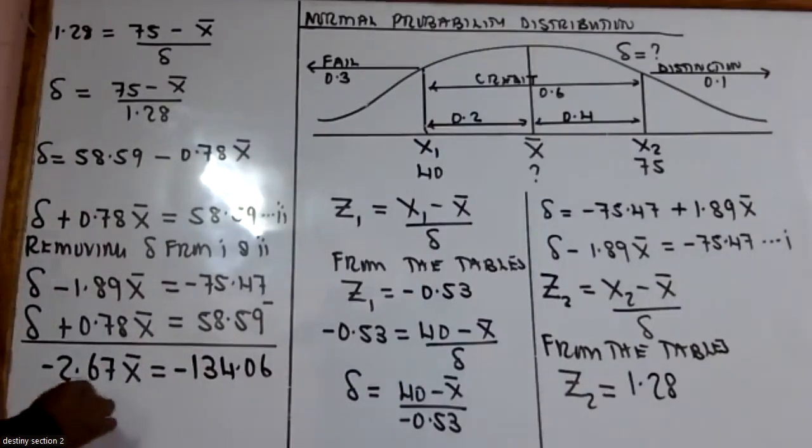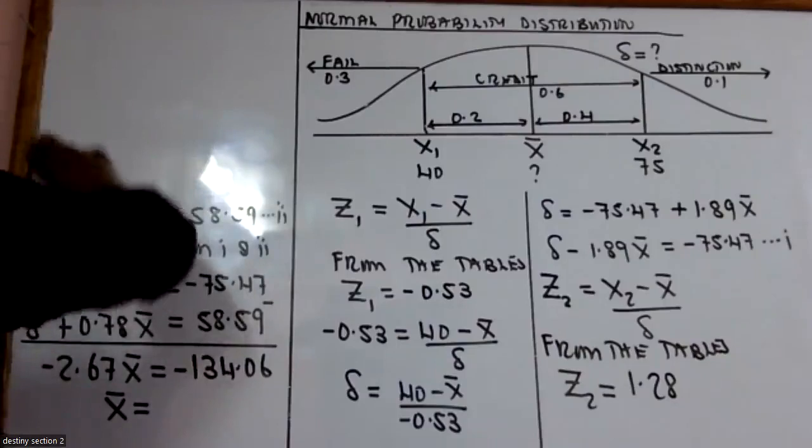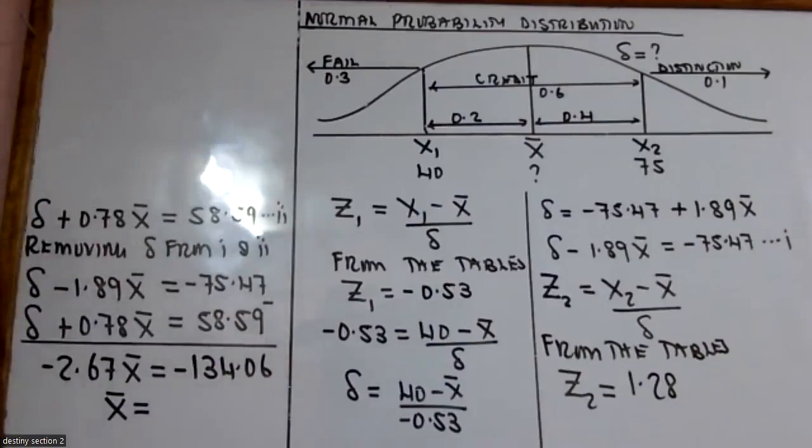Okay. So from there now, divide and tell me x bar. 50.2.